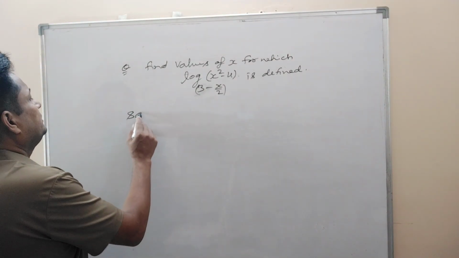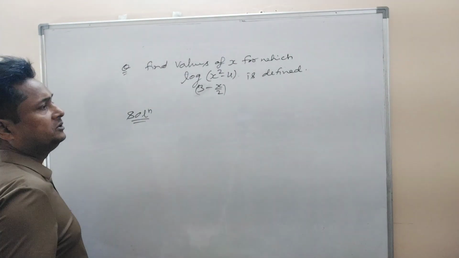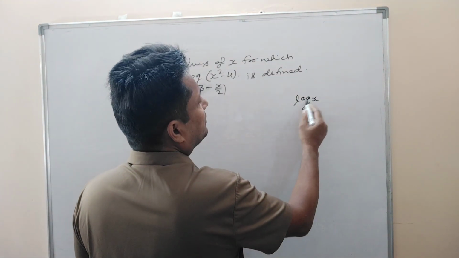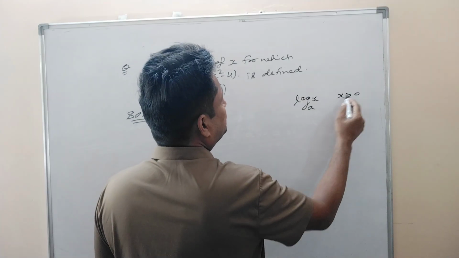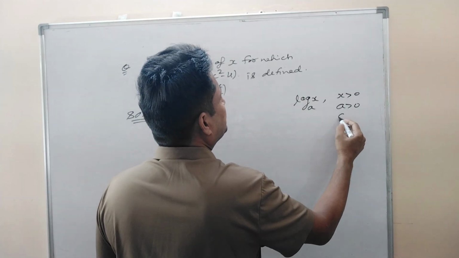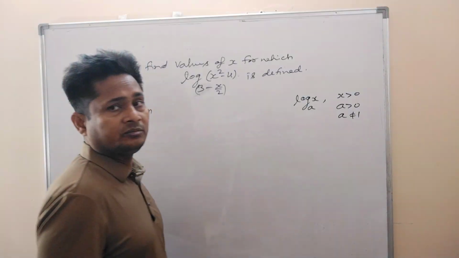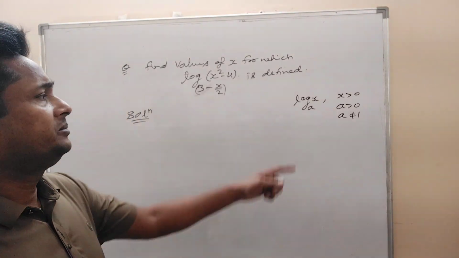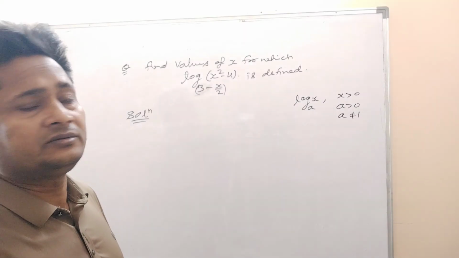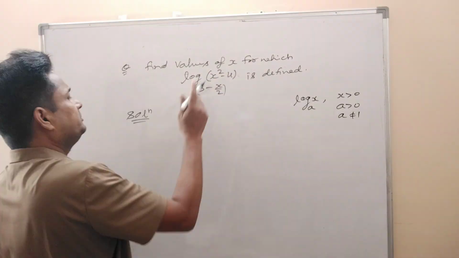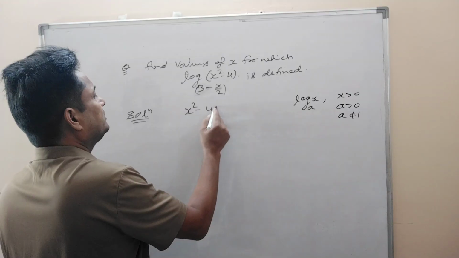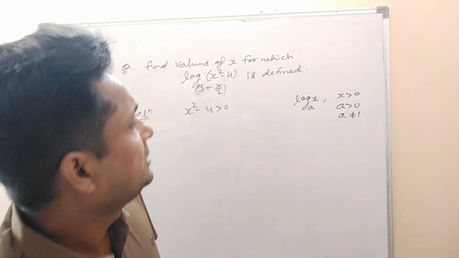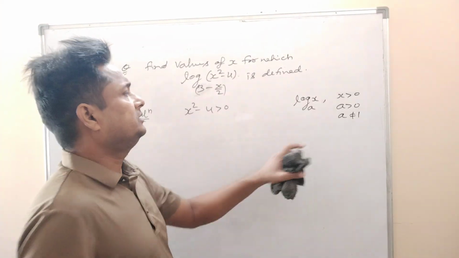So how will you solve? What will be the solution? We know that if anything is written like this, log x base a, then x must be positive, a must be positive, and a cannot be the value of 1. Right? So apply these conditions in this case. What will be the condition? X square minus 4 must be greater than 0 first of all, and apply these two conditions.